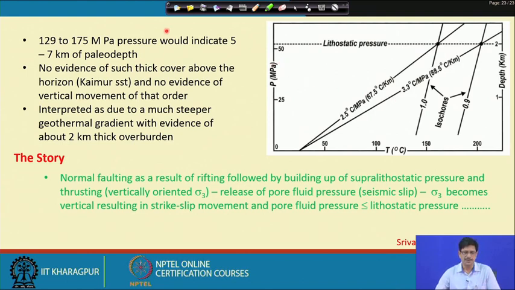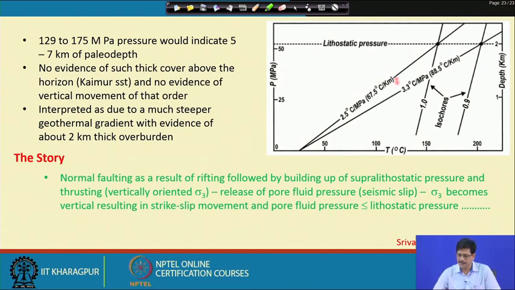And suppose in this case, from various other considerations, it is agreed upon that instead of 5 to 7 kilometer of failure depth or overburden, it could have been just about 2 kilometers of overburden around the time the reactivation took place, from the available geological evidence in terms of the sediment cover.